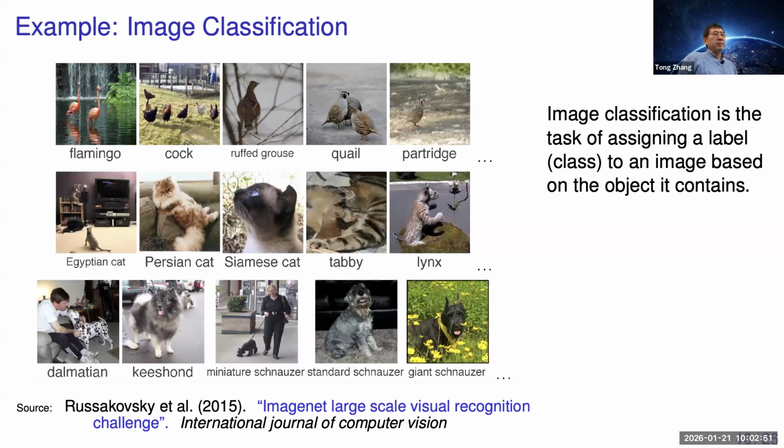This was around 13 years ago, 2012 I think, when deep learning started. That was the first AlexNet, which worked on these images. Then there was a lot of development in the following years.